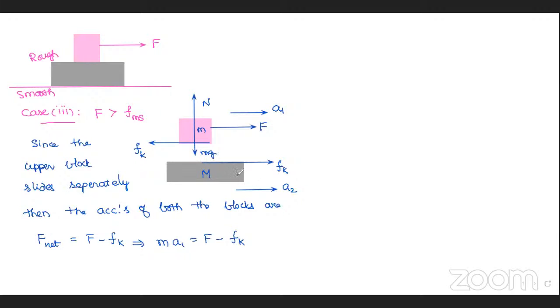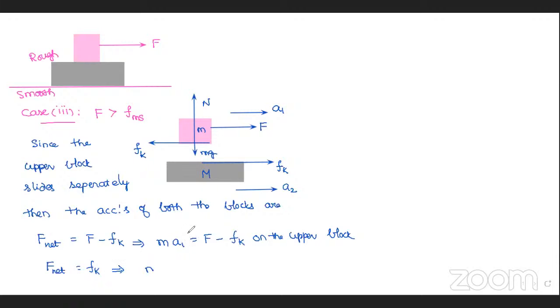And on the lower block, separate acceleration, F net is only one force towards right. So F net equals Fk on the lower block.